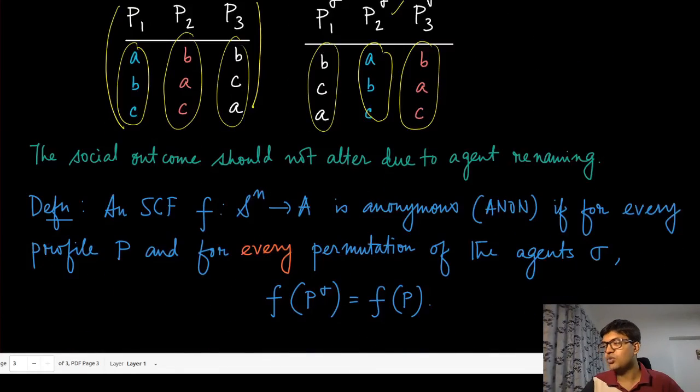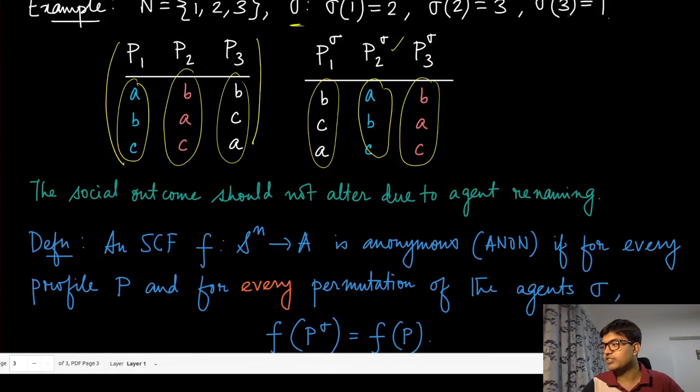Now the social outcome should not alter due to agent renaming. We haven't changed anything in the population. The same population remains. We have just renamed the agents, and the idea of anonymity is that the social outcome that we are going to get from this population should not alter due to the agent renaming.